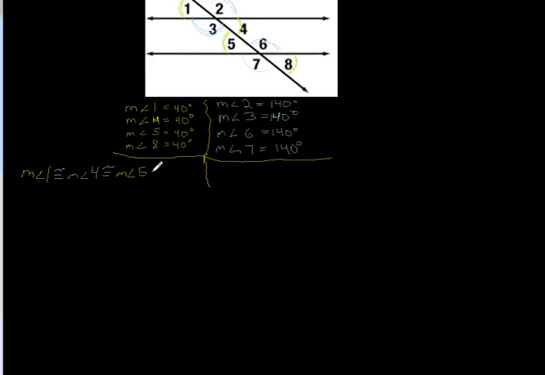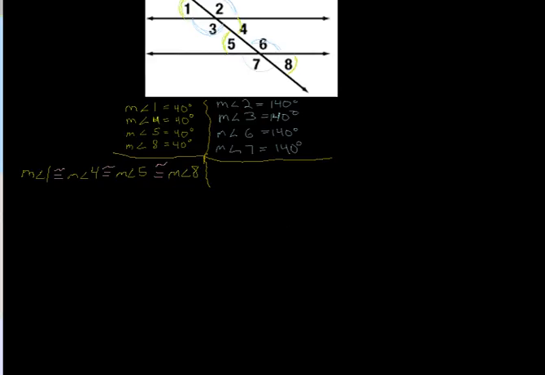And also congruent to the measure of angle 8. Cool. So these are the symbols for congruent, meaning that the measure of angle 1 equals the measure of angle 4, or it's congruent. They are the same.